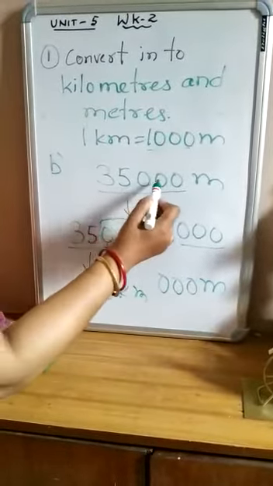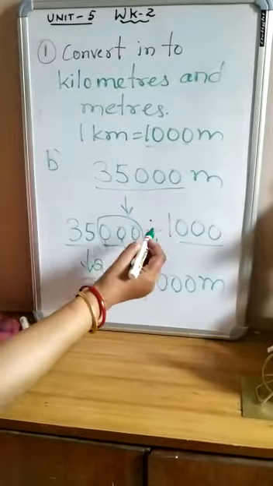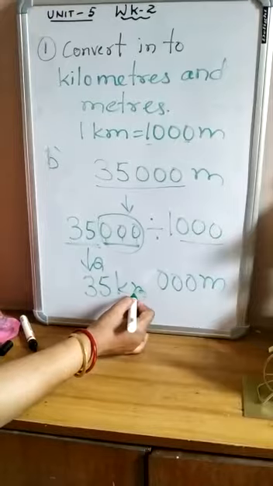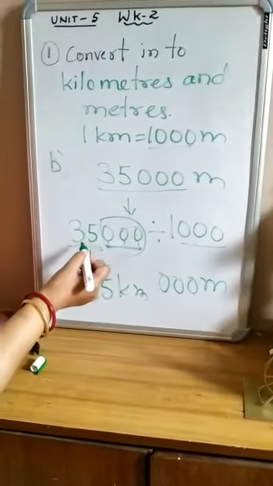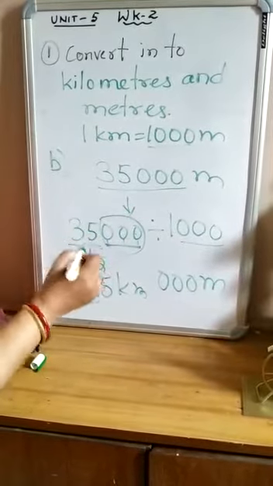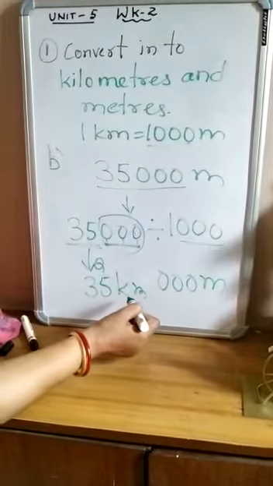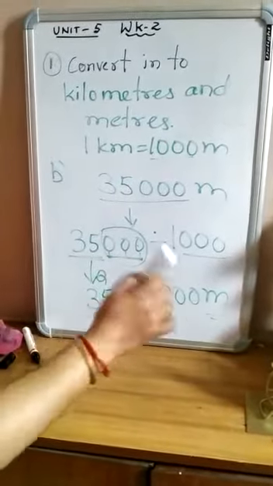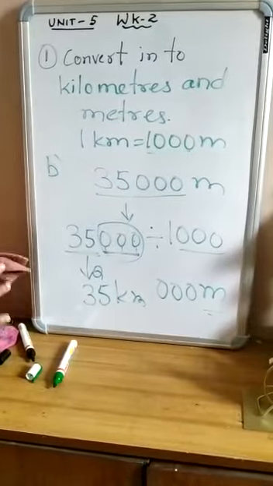So 35,000 meter, after dividing 35,000 by 1000, becomes 35 kilometer. The digit which is left after the division, that is the quotient. Quotient will become the greater unit, 35 kilometer, and the remainder will remain as the smaller unit, 35 kilometer and 0 meter. Now let us take another example.